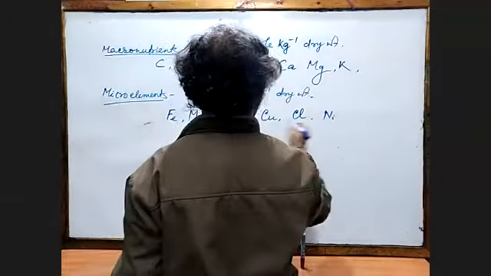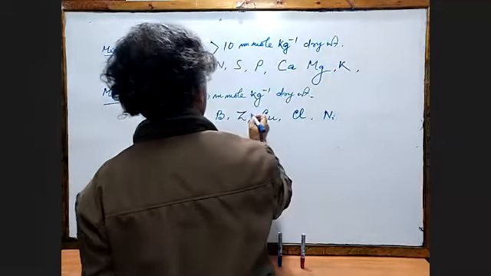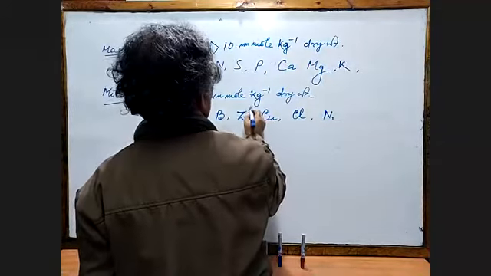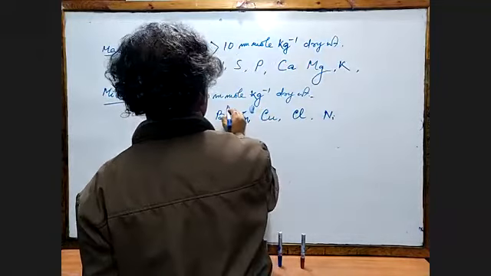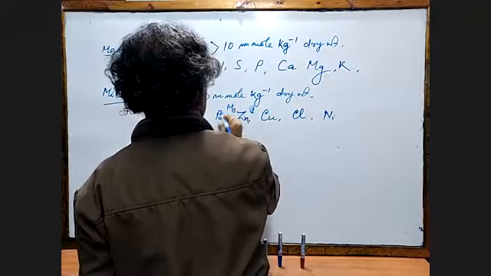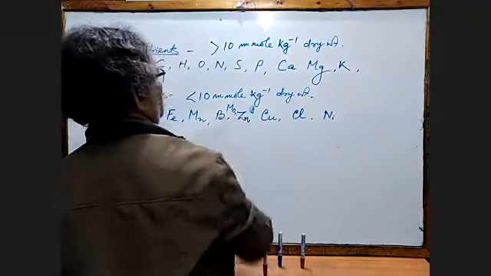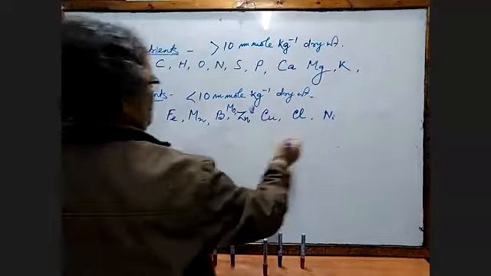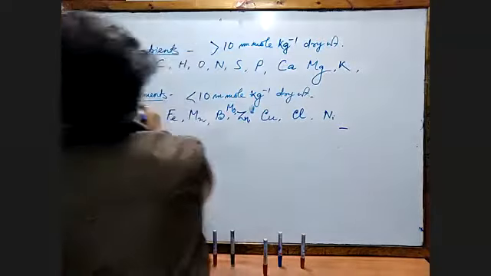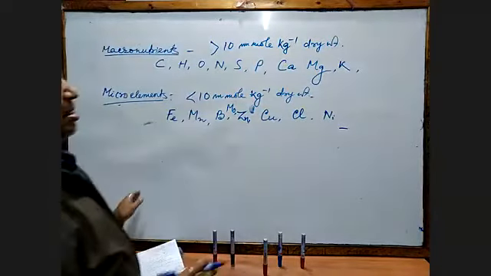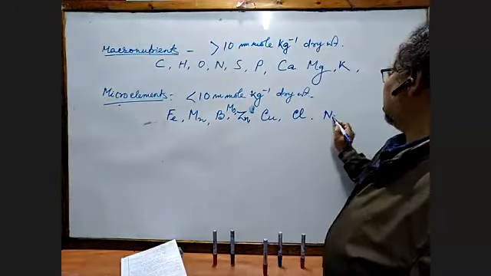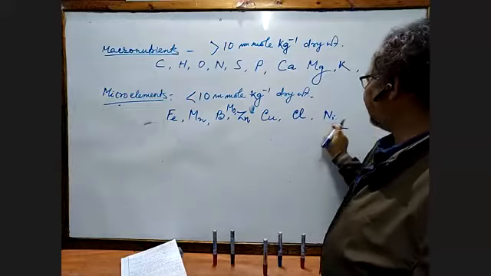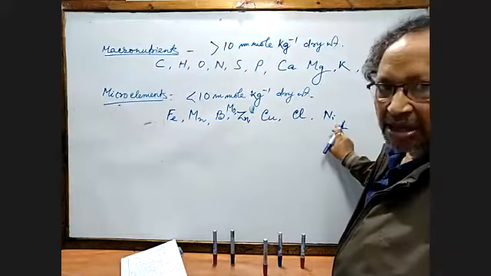And another important one is molybdenum. You can add molybdenum. Okay, these are the micronutrients. Some physiologists don't consider nickel as a microelement.